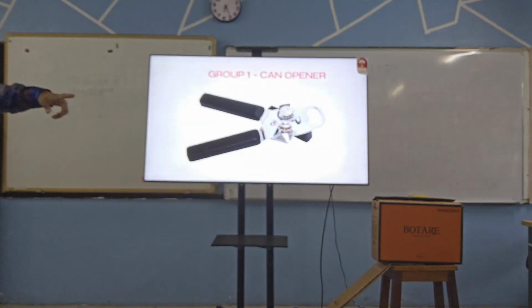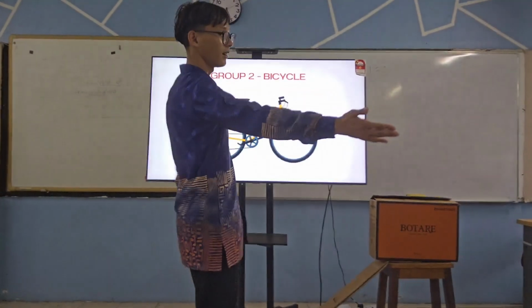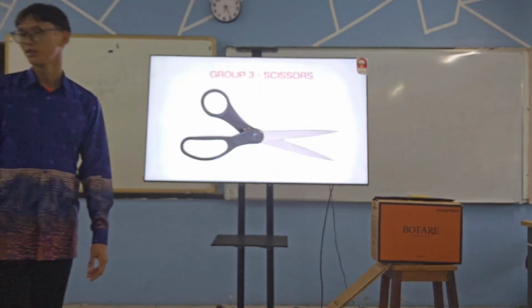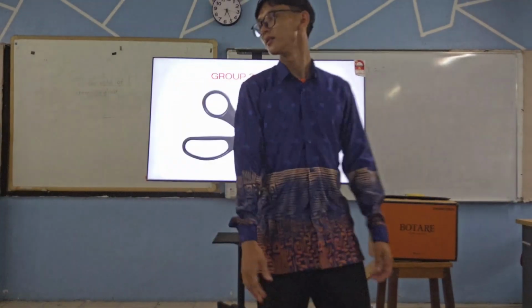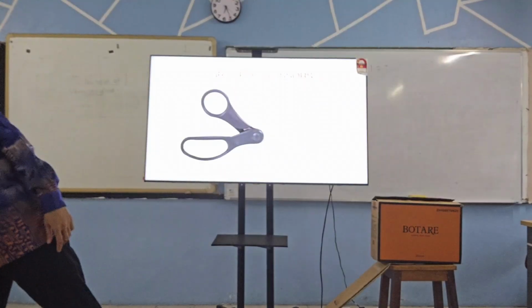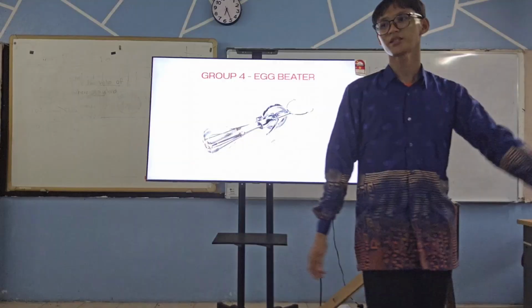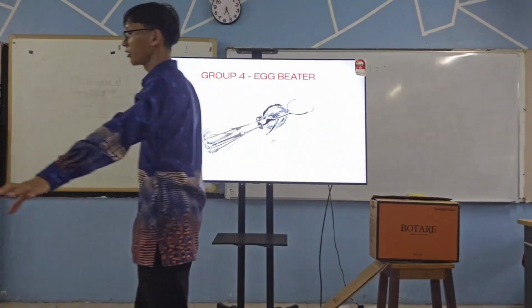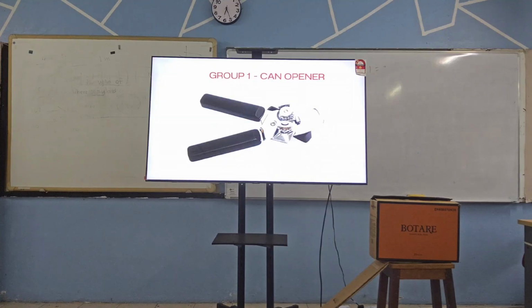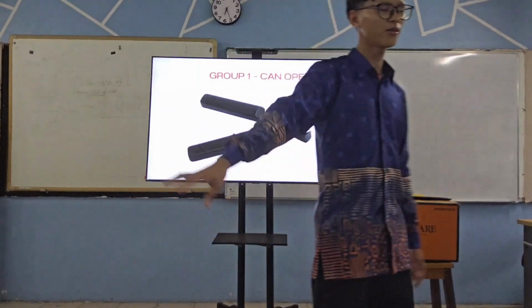Okay, group 1. Group 2 gets the bicycle. Group 3, scissors. And group 4, egg beater. So please turn to your own complex machine that I give.